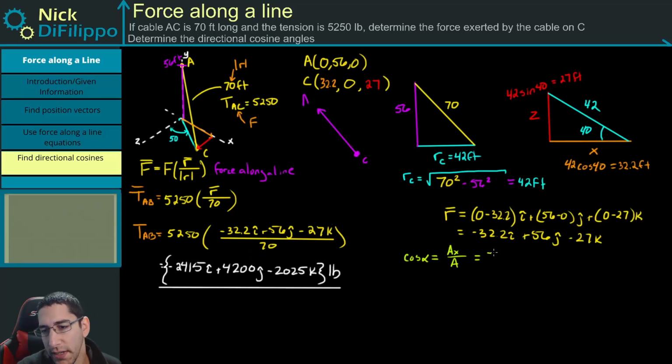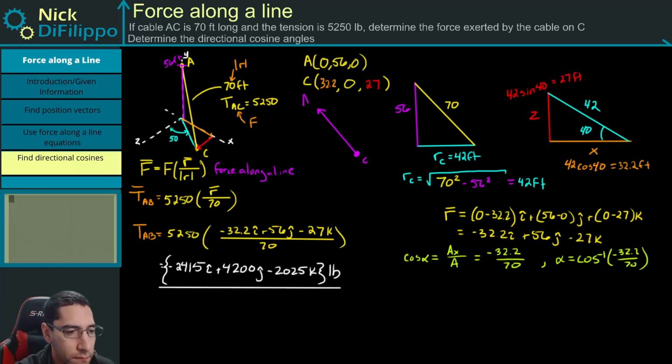So minus 32.2 over 70. To get alpha by itself, we're going to say alpha is equal to the inverse cosine of minus 32.2 over 70. And this is 117.8.